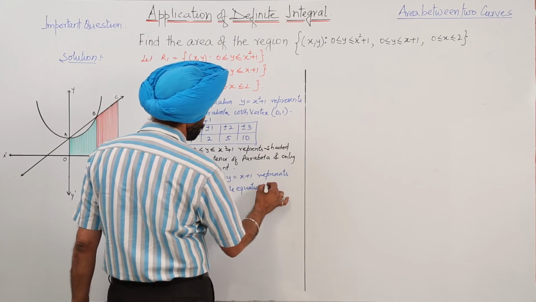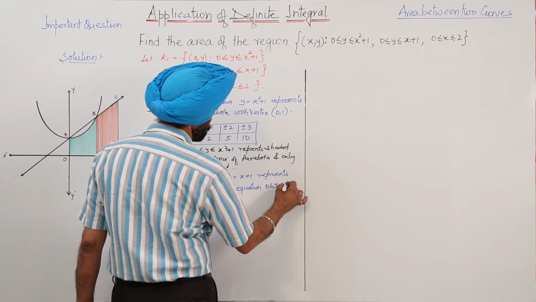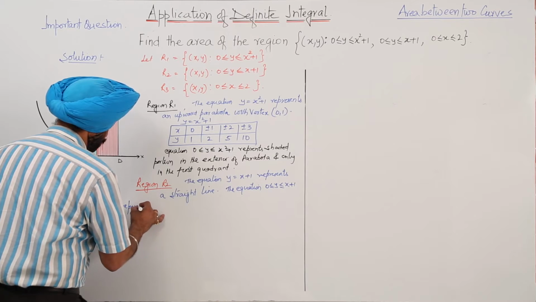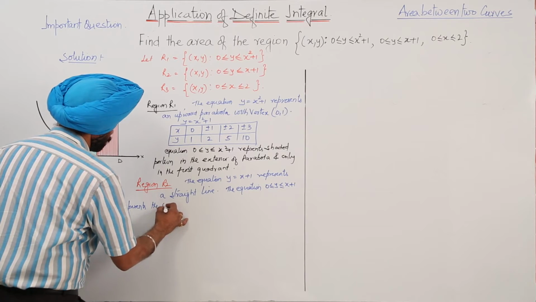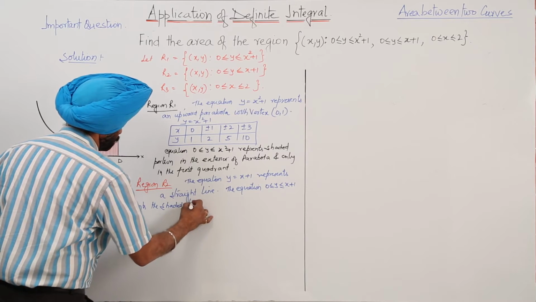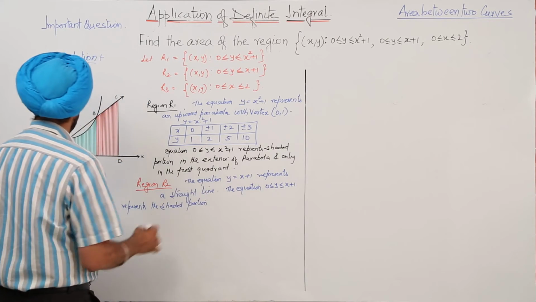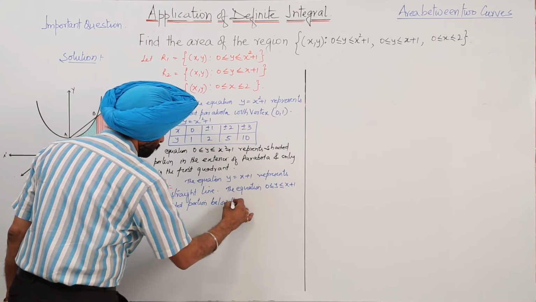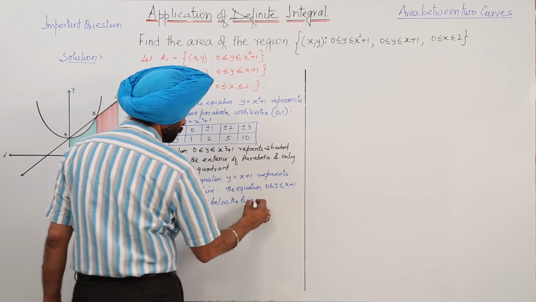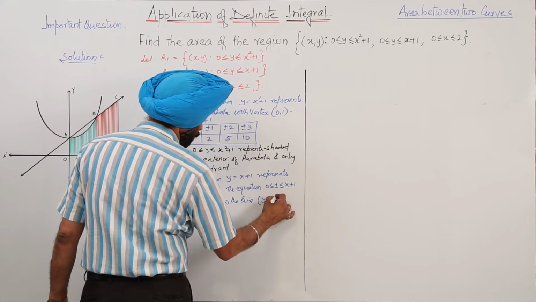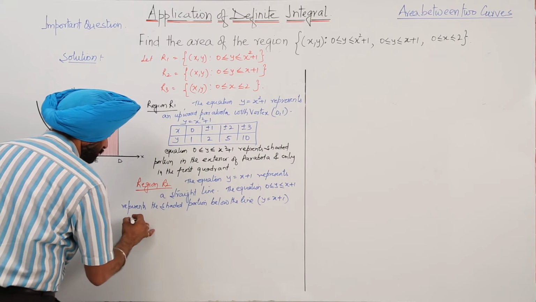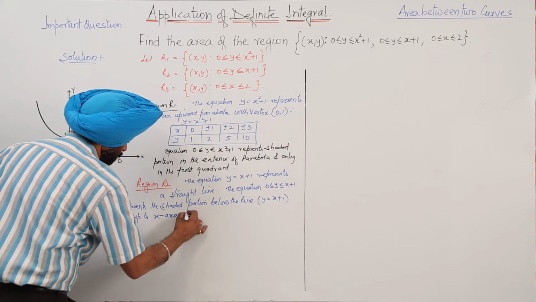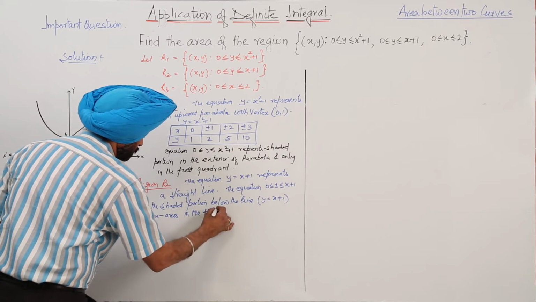The equation 0 ≤ y ≤ x + 1 represents the shaded portion below the line y is equal to x + 1 up to the x-axis in the first quadrant.